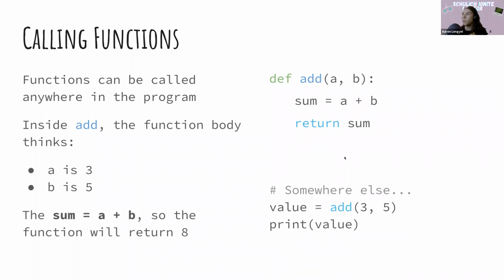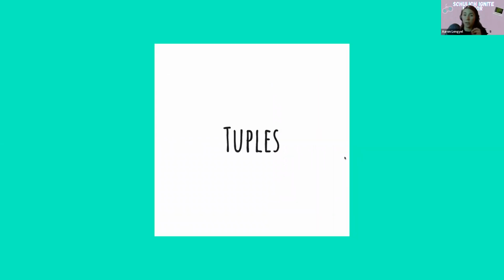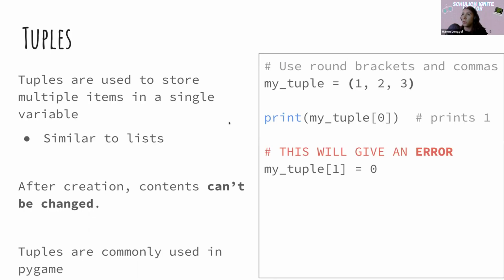And so we're going to move on to tuples now. Tuples are used to store multiple items in a single variable. They're very similar to lists, but there's a caveat in the sense that once they're created, we cannot change tuples. For example, we have my tuple. We use round brackets, 1, 2, and 3. And we can index them just like a list.